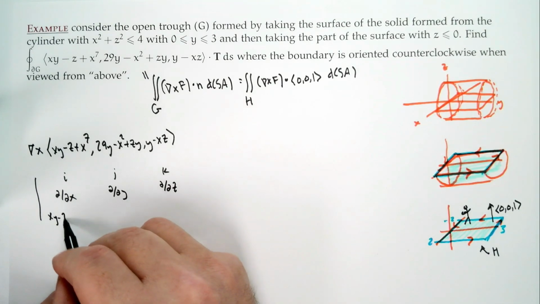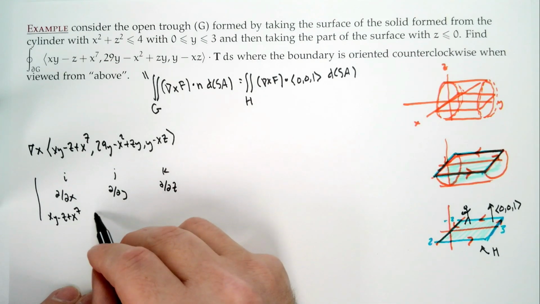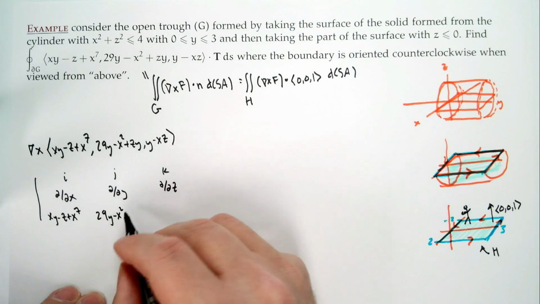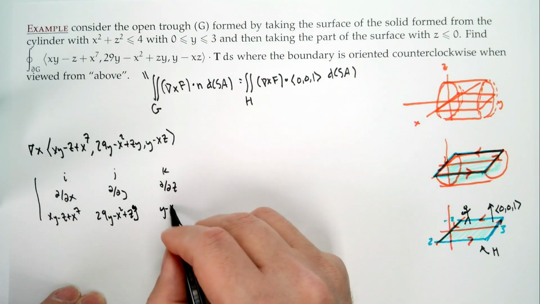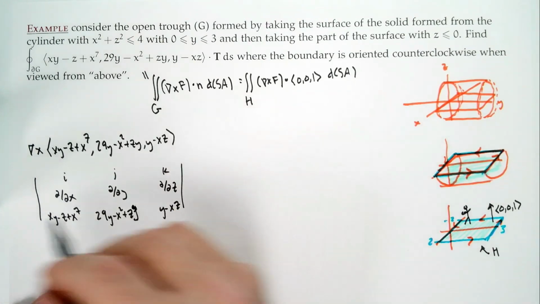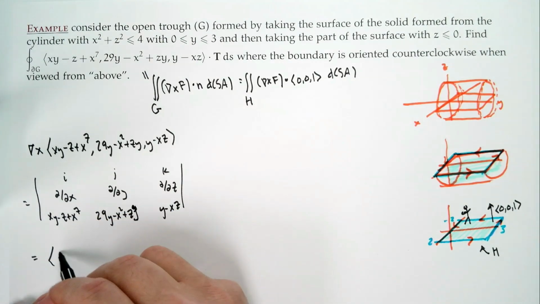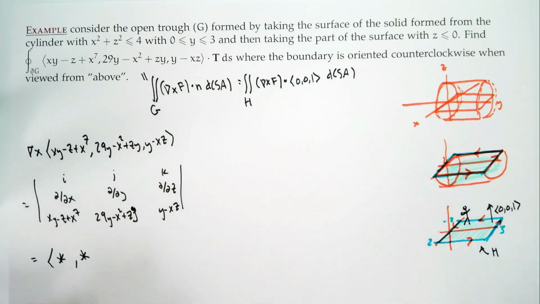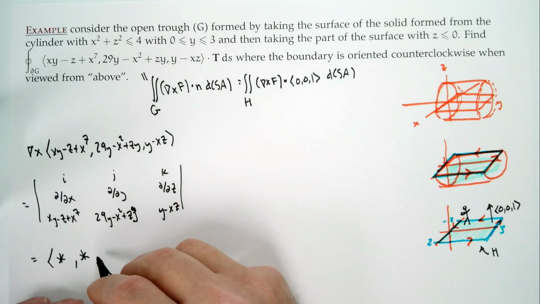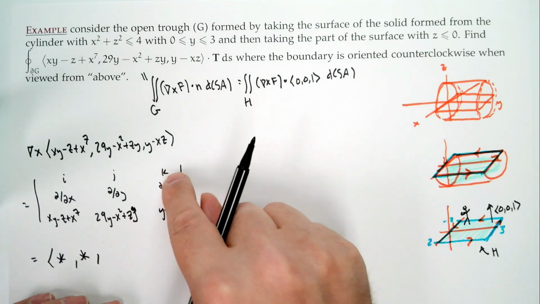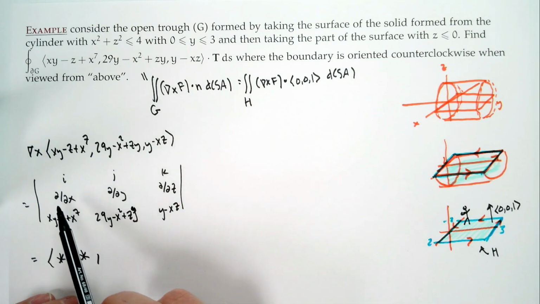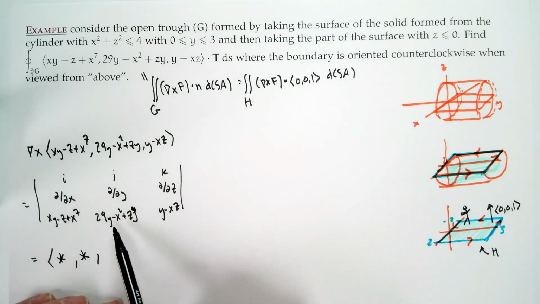Now, you should be very suspicious, and I think nice things are going to happen. We don't care about those pieces, but we do care about our last piece. So what happens? Well, we have k, partial x of 29y minus x squared plus zy. The only place where x shows up is right there. Differentiating gives minus 2x.